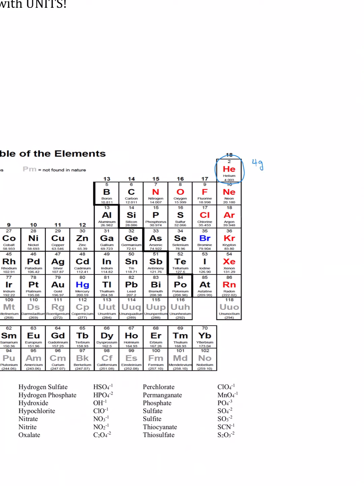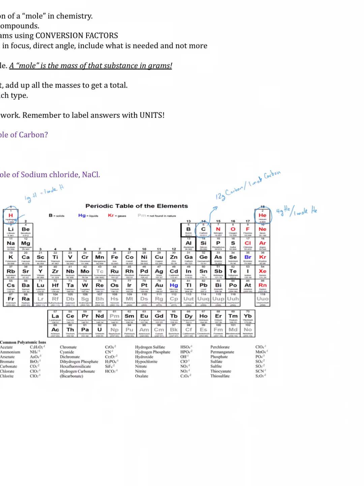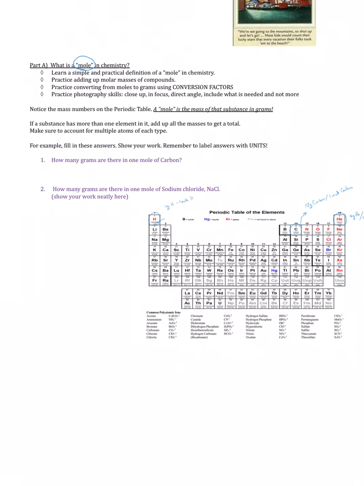So it's 4 grams of helium in 1 mole of helium. And if you think about carbon, carbon is 12 times more massive than hydrogen, so there are 12 grams of carbon in 1 mole of carbon. It's just a way to compare and to measure out different amounts.